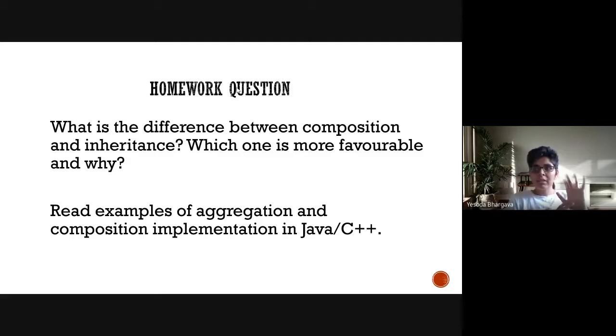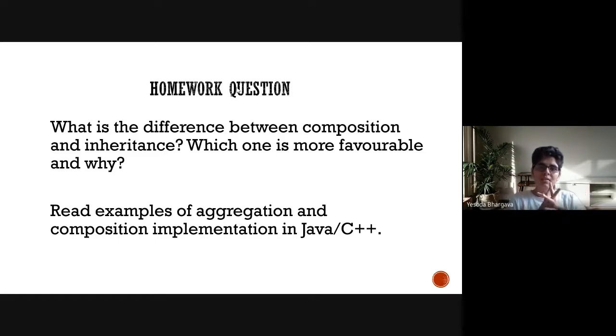Knowing theoretically about aggregation and composition is one thing, but the beauty of it really lies when you can clearly see the difference between aggregation and composition when you go on to implement it in any coding environment. And there are multiple examples on the internet which will show you examples of aggregation and composition.